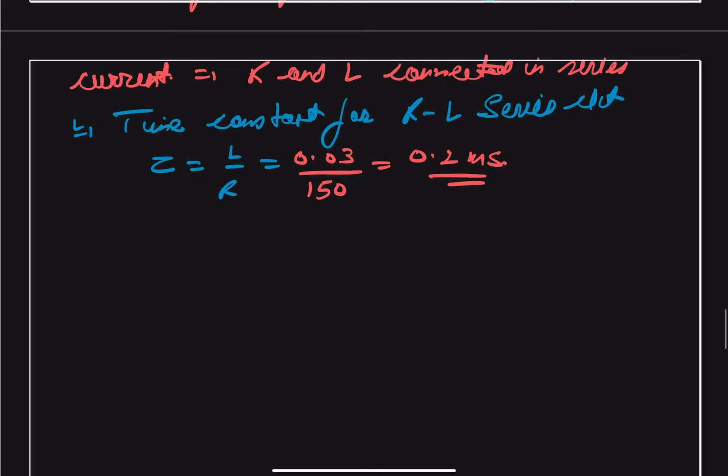Now because of the inductor present in the circuit, the current is going to decay exponentially, which can also be written in the form of an equation.